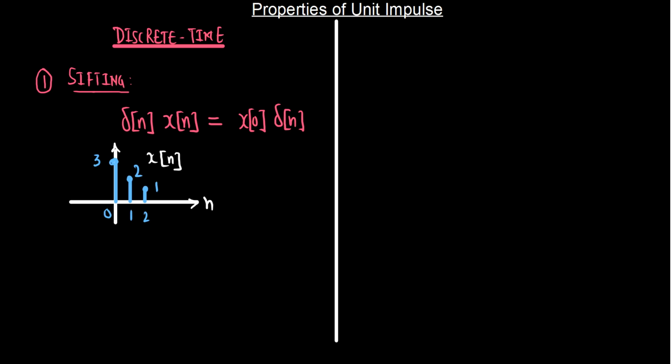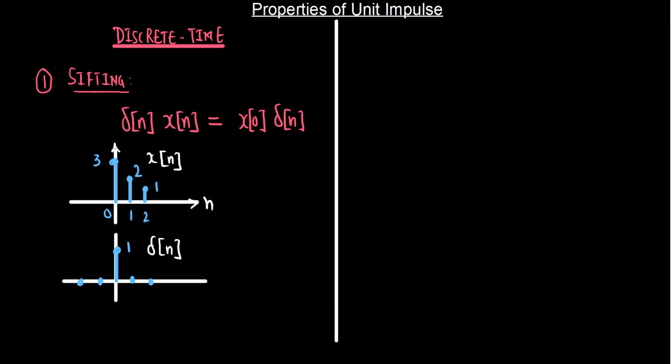Now if we try to simply multiply this signal with del of n, so del of n, as we know, is defined only at n equals to 0. So for n equals to 0, it is 1, and for rest of the values, it is 0. So this signal is del of n.